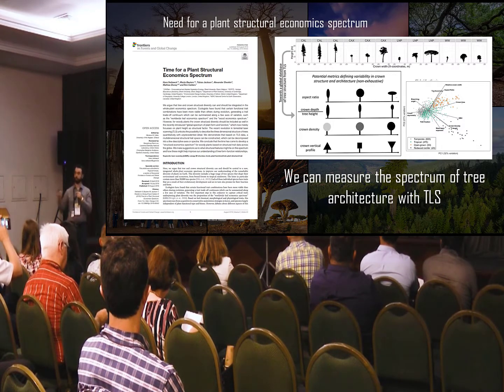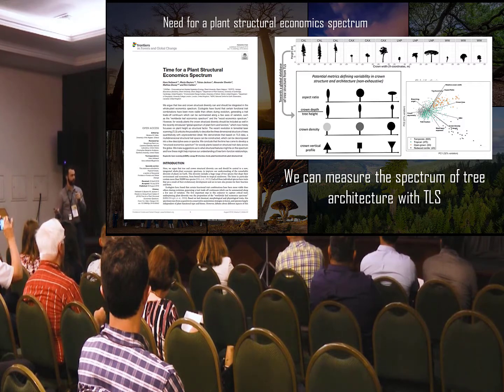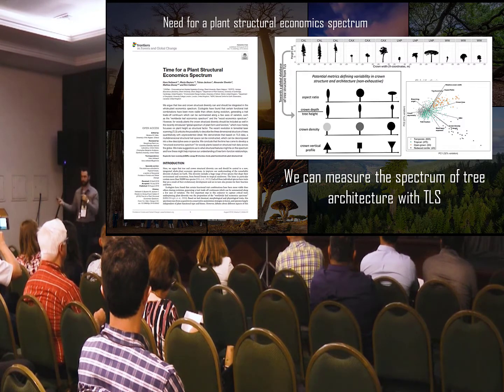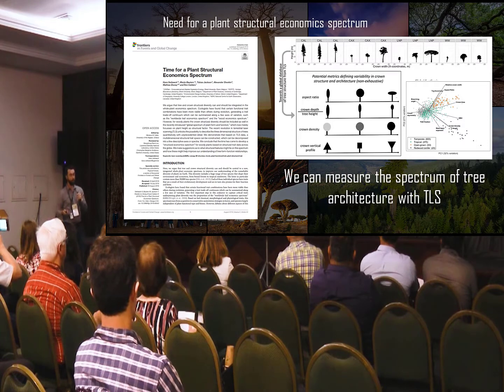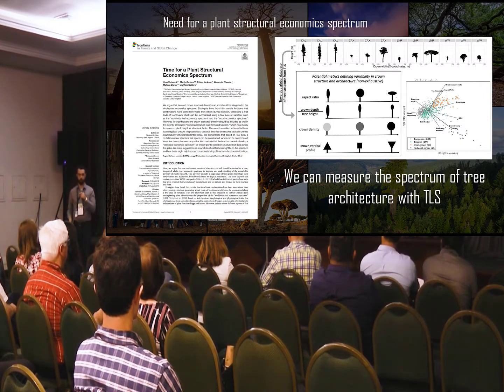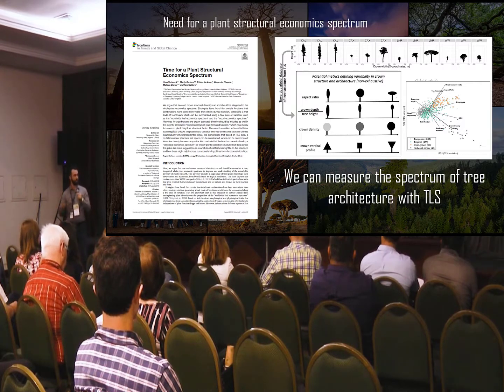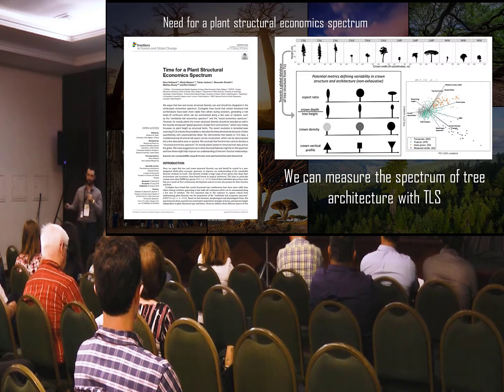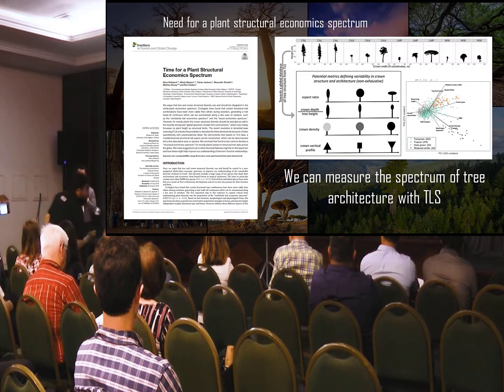And the idea is to potentially do this across a much larger scale. And we can do this with TLS. This is something that, with these quantitative structure models that have been in the works for many, many years now, we're potentially able to get to the stage of being able to quantify and characterize crown architecture in a really unique way.